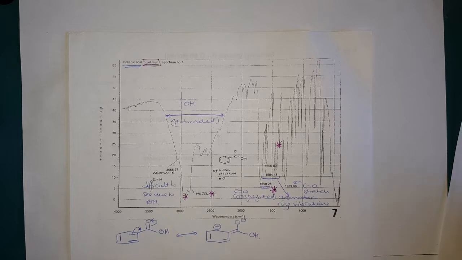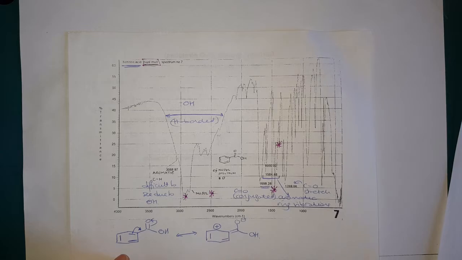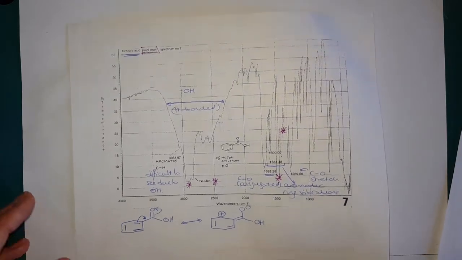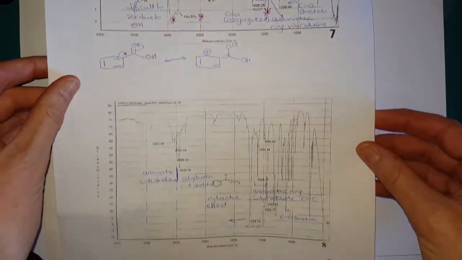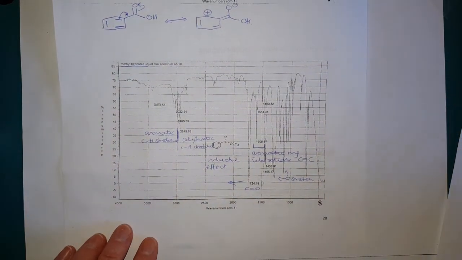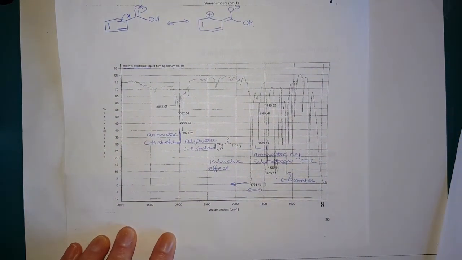So it's really just a case of looking at more and more spectra to be able to spot the key peaks. Let's now look at an ester that's also aromatic and see what peaks we're seeing in that infrared spectrum.